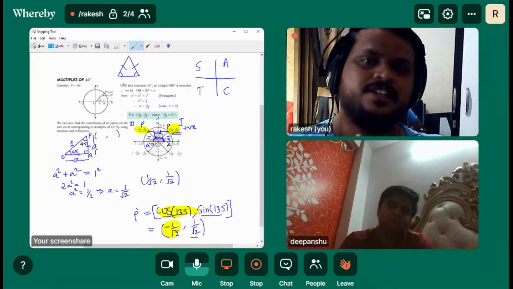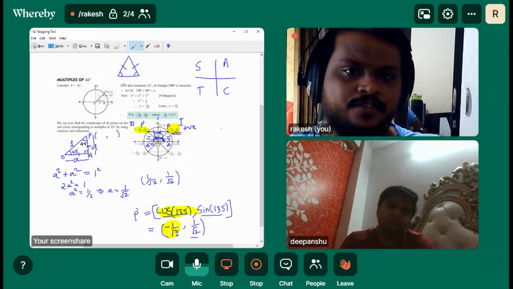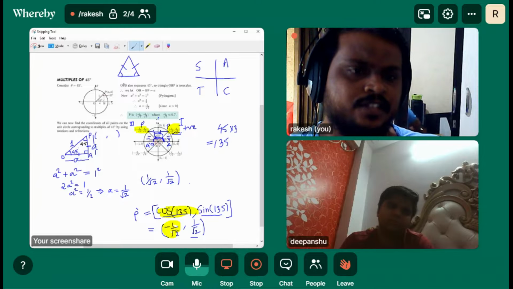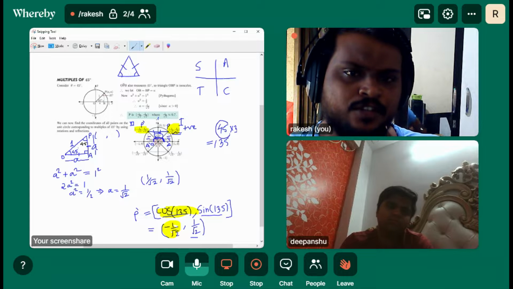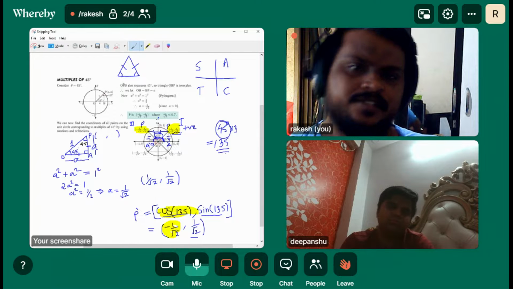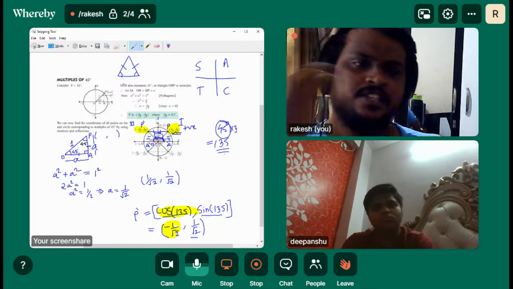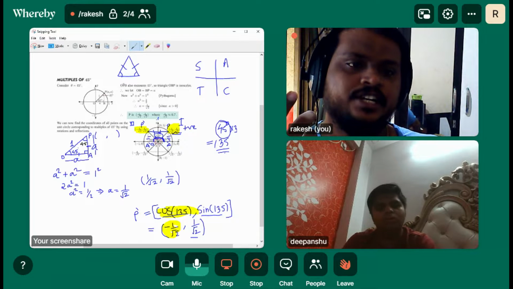Because of the symmetry, 135 is nothing but a multiple of 45. So we can find the values for multiples of 45 degrees by just visualizing in which quadrant the point lies.